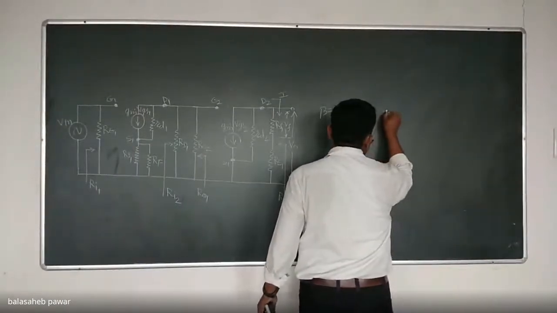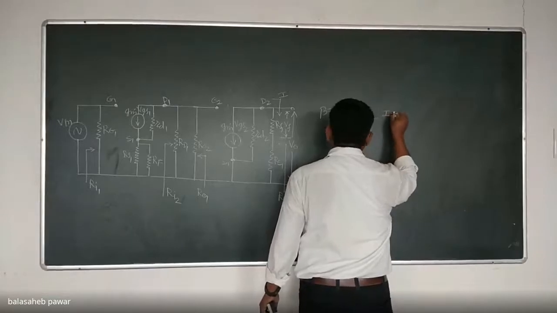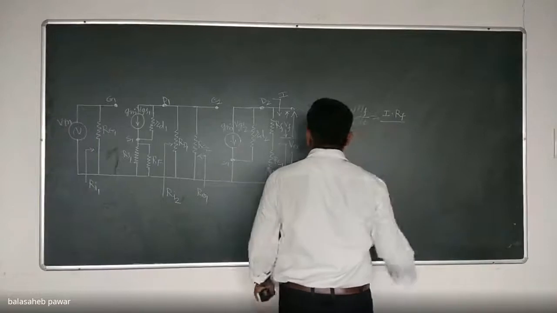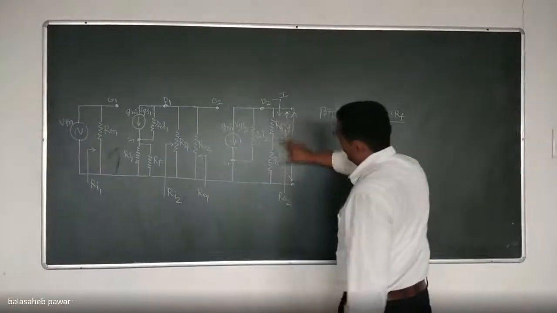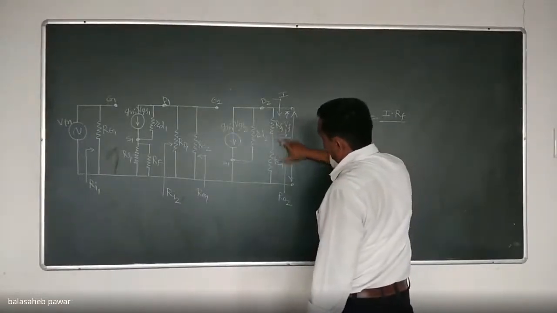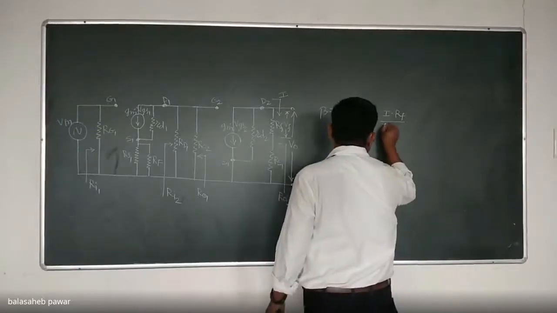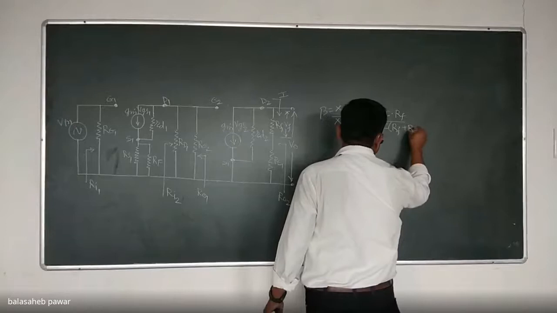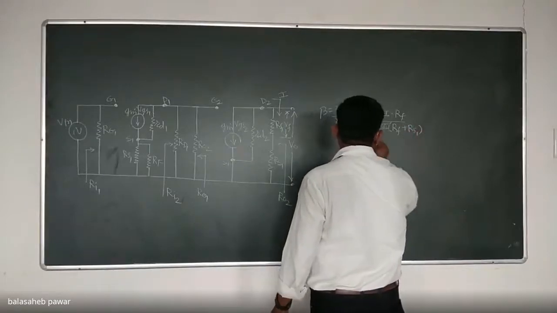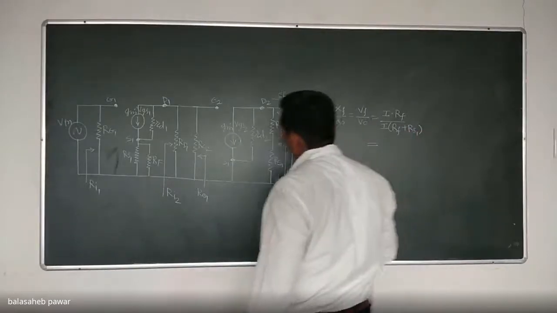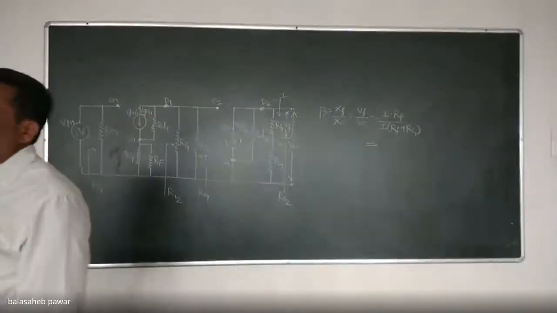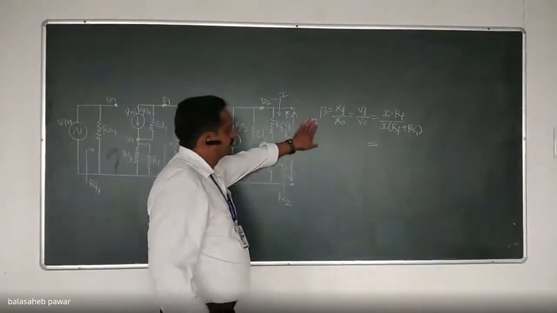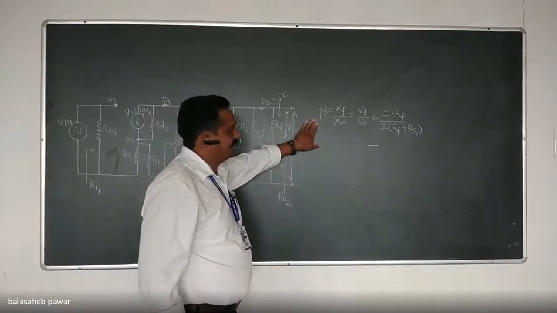You can easily write it as I into RF, divided by VO. VO is the drop across this series combination, that is RF and RS1, and it will be I into (RF plus RS1). Do you agree with this? First factor, that is beta factor. Is it okay?